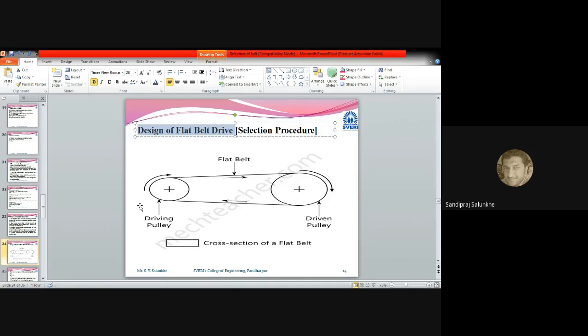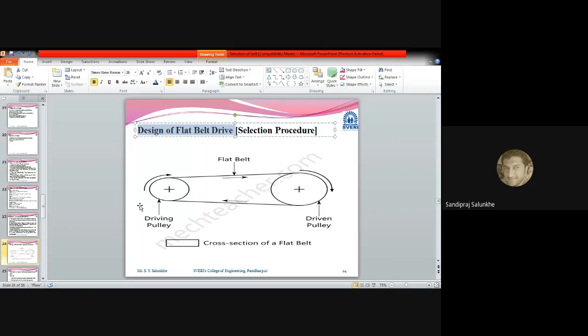Later on, we are going to see design of V-belt drives also. That's why in brackets I have written it as a selection, because we are not going to use any basic equation for the stress, but we are going to use equations related to other parameters like the speed or power which you want to transmit, and the speed which you want to keep for the belts, as well as the angular speed of the two different pulleys which we want to join with the help of belts, where you want to transmit the power.